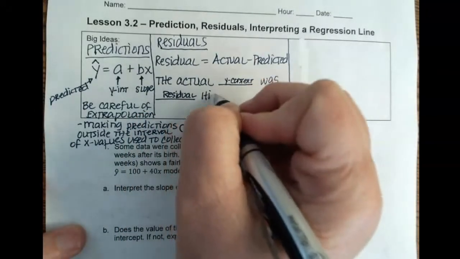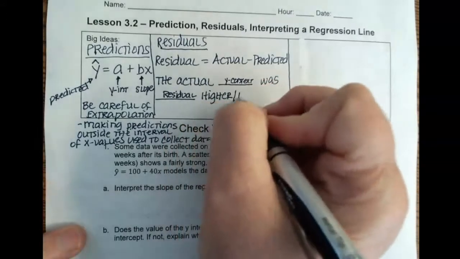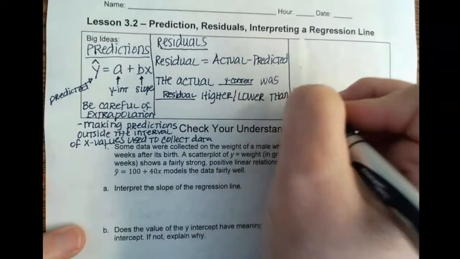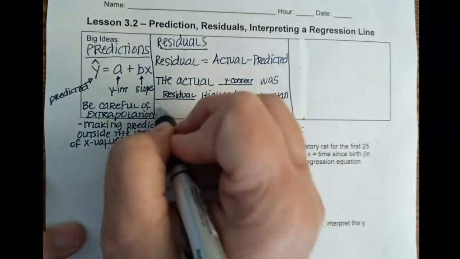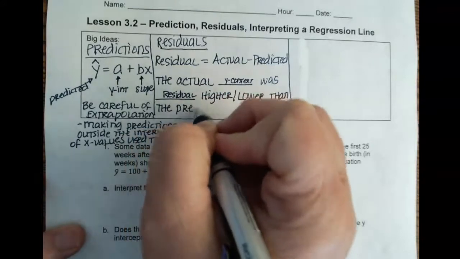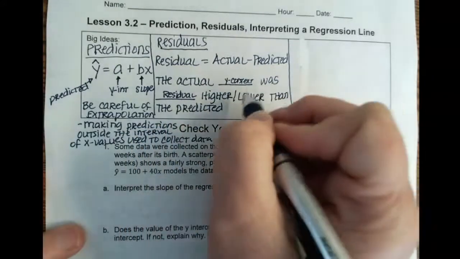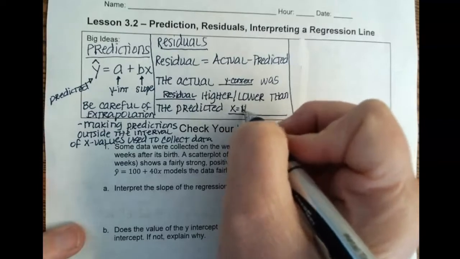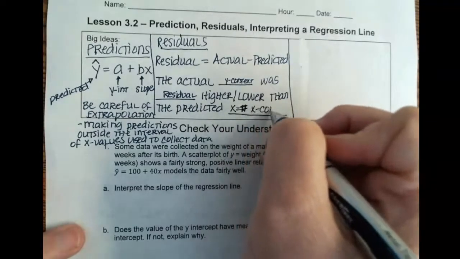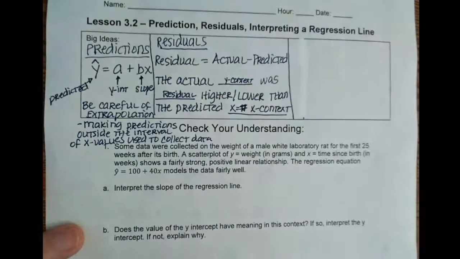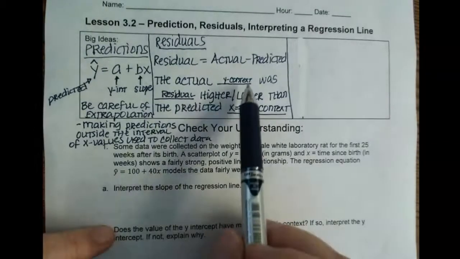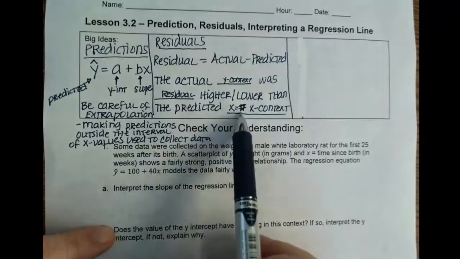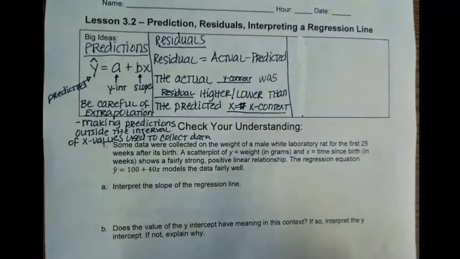And then you have to decide, is that number higher or lower than the predicted, whatever the predicted number or your X context was there. So the actual, whatever your Y context is, was the residual number higher or lower, you're going to pick one, than the predicted X number for that X in the X context.